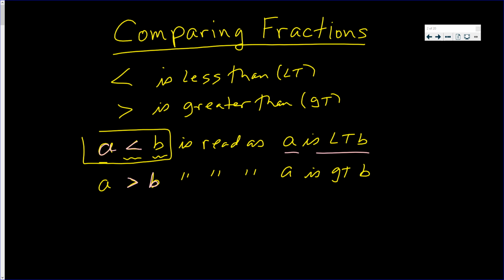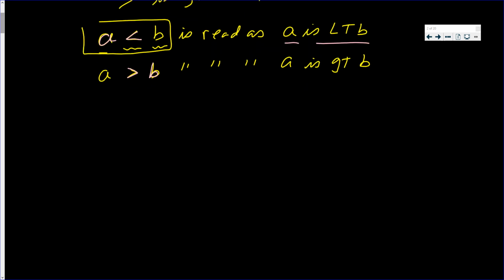Okay, so suppose the two numbers are 10 and 2. 2 is smaller, so the arrow goes towards the 2. 3 and 75. 3 is smaller.